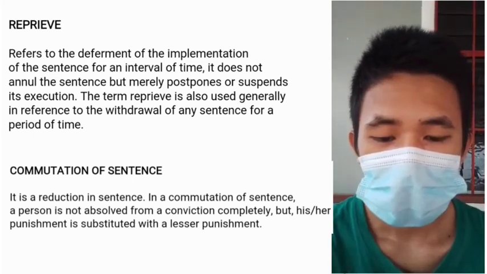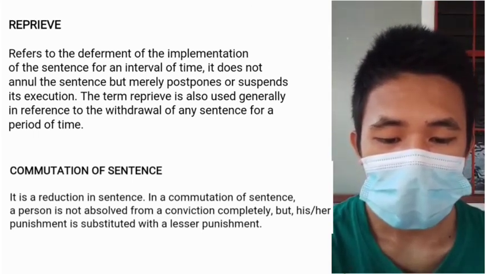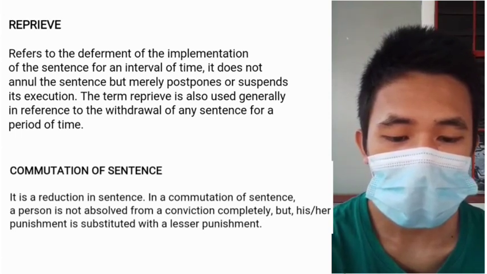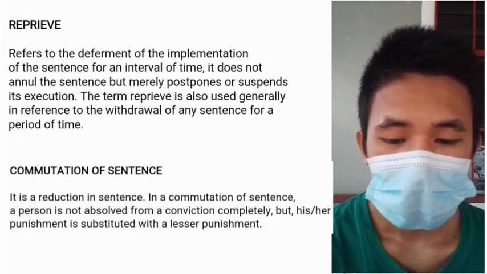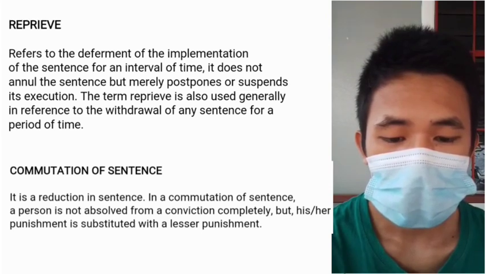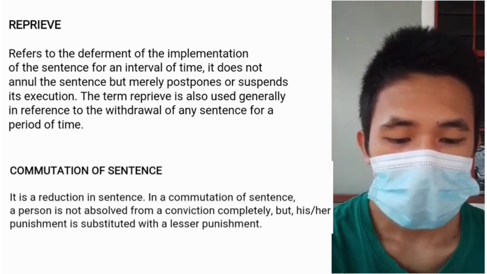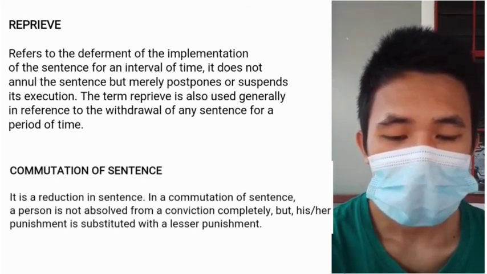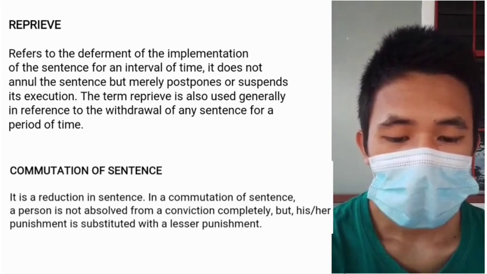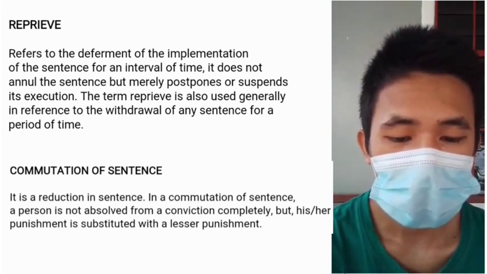A commutation of sentence may be granted according to the statutes existing in different states, where it is permitted by law. A governor of a state is vested with the exclusive power to pardon, and it may be subject to legislative control.